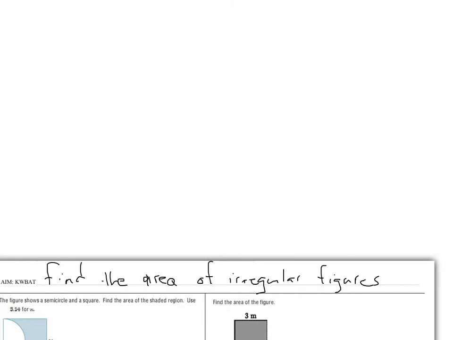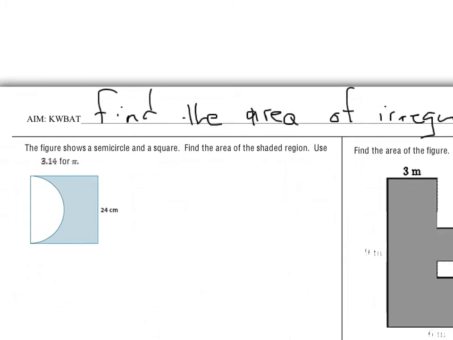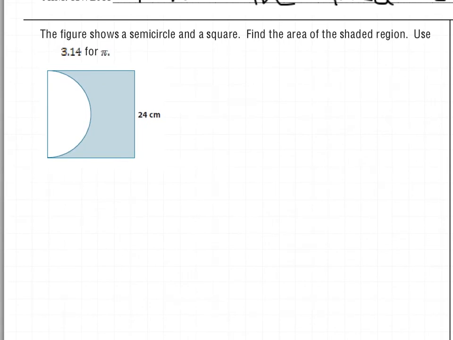And we're going to do this by decomposing or composing the figure. So decomposing, thinking about bringing it apart, composing, putting it together. So when we look at this particular problem, we're going to see that really this is going to be a lot of practice from yesterday. So it's going to require a little bit of thought.